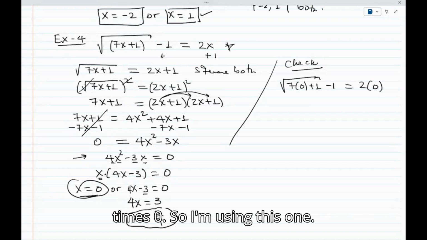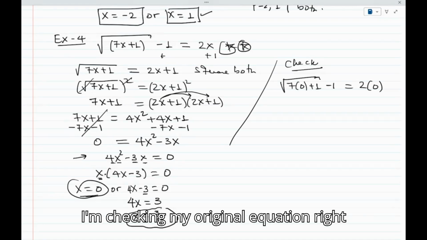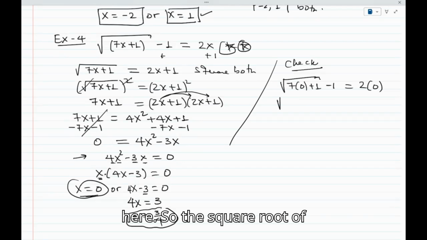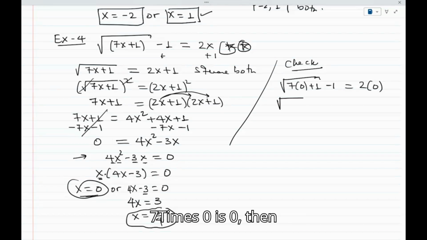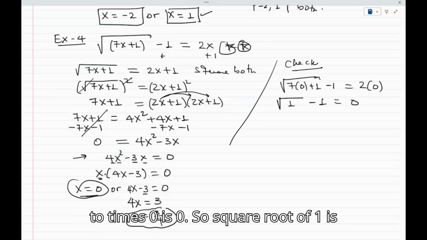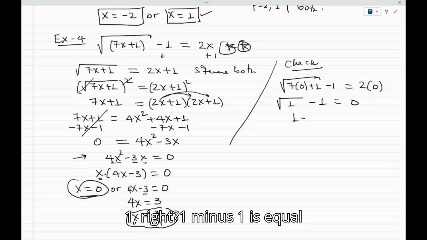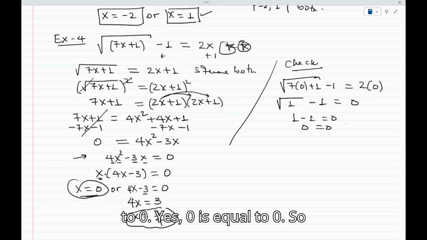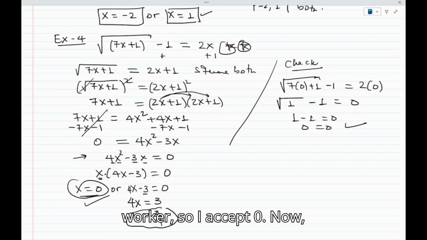I'm checking my original equation right here. So square root of 7 times 0 is 0, then square root of 1 minus the outside 1 is equal to 2 times 0, which is 0. So square root of 1 is 1, right? 1 minus 1 is equal to 0. Yes, 0 is equal to 0. So it works, I accept 0, all right?